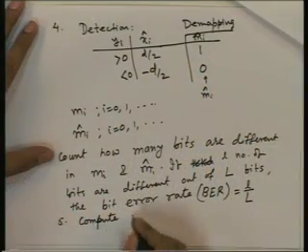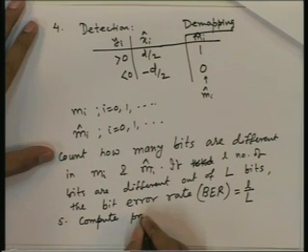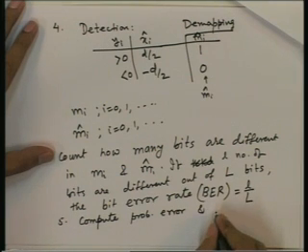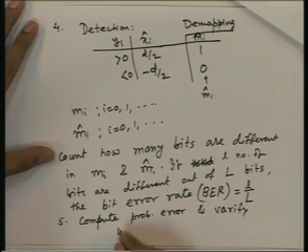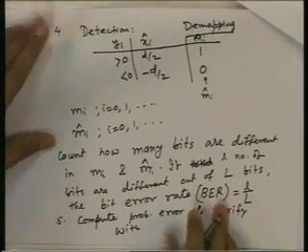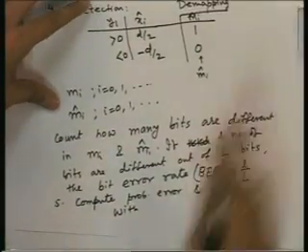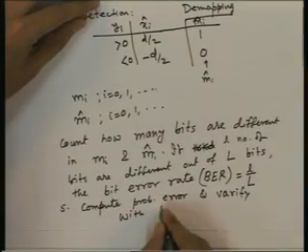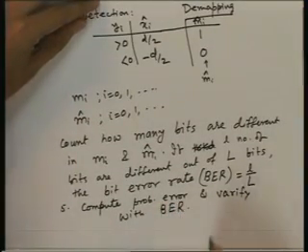So, compute the probability of error and verify with BER. They should be almost the same.